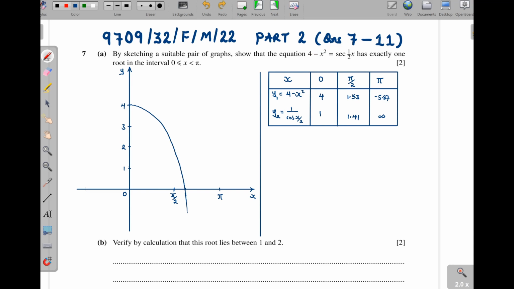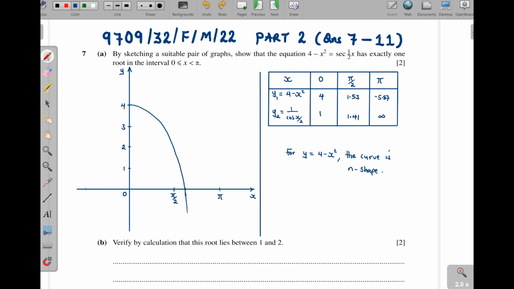So in fact, let me say y is equal to 4 minus x squared. The curve is n-shaped. So you have to show something like that. Now, don't exceed this point here because we are looking at from 0 to pi. Is that clear?